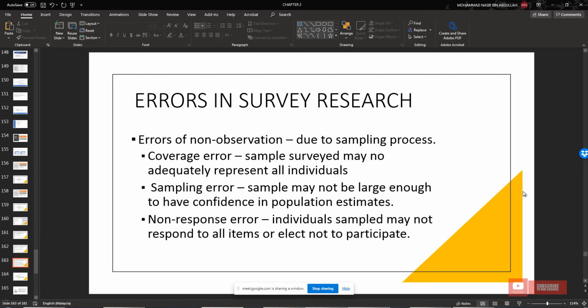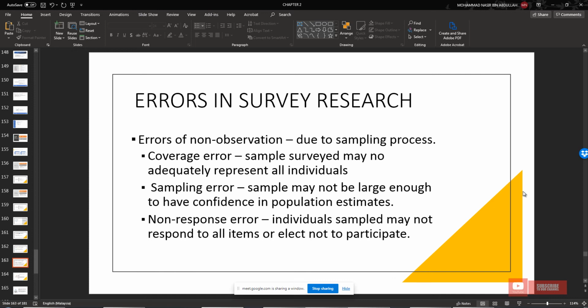When you have a questionnaire, you need to design a sampling method carefully, so you will cover all the respondents that will represent the population. Sampling error: the sample might not be large enough to have confidence in a population estimate. So this is another part where sample size calculation plays a role, right?